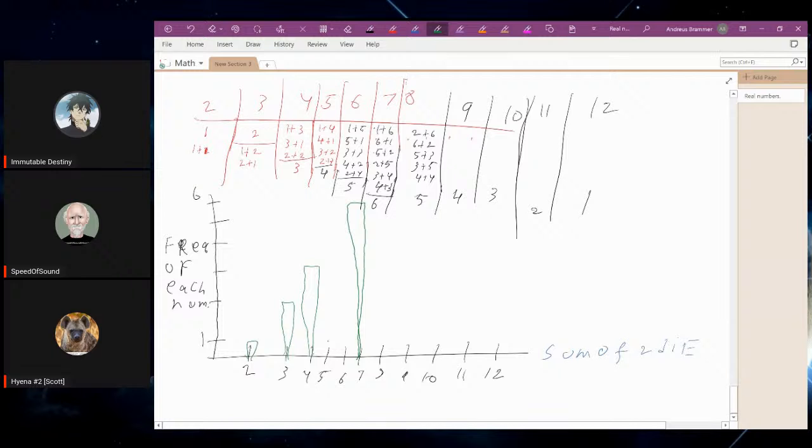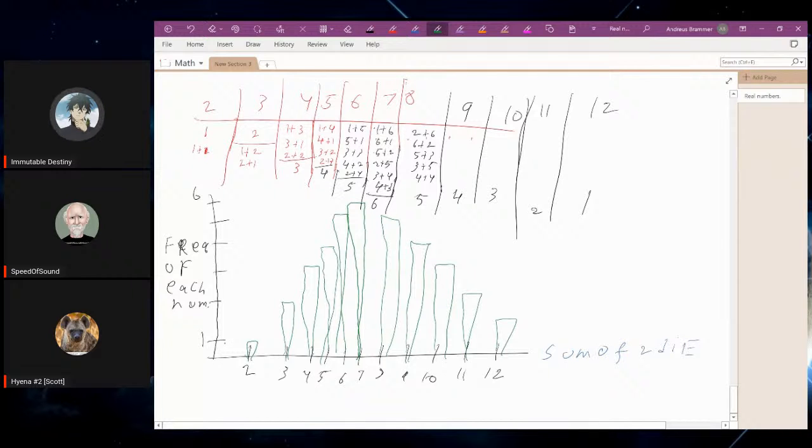For 5, there's only that number of ways. And so on and so on. The rough picture you'll get from doing this kind of sampling process is something which looks like a bell-shaped curve.